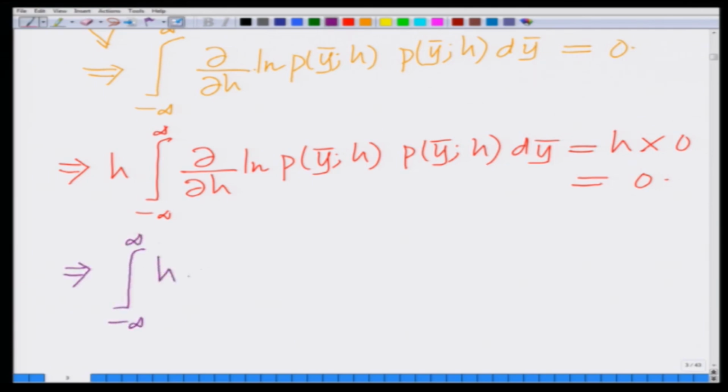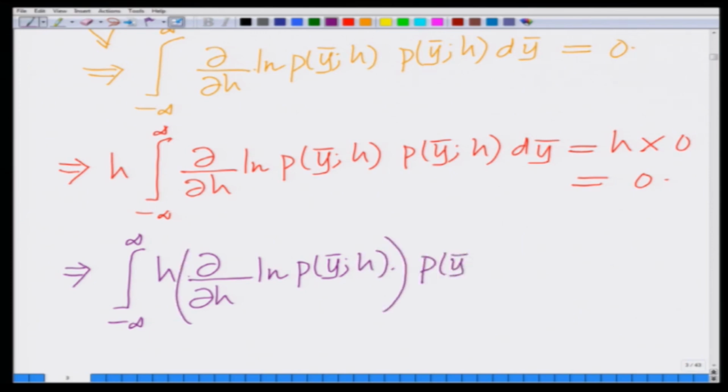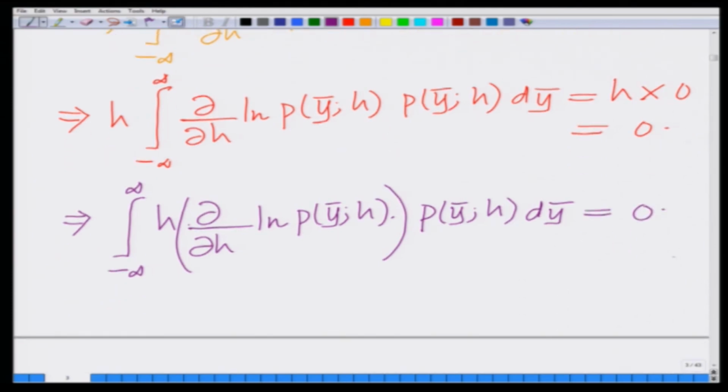So, I can move h inside the integral: dou by dou h of the logarithm of p y bar h times p y bar h dy bar equal to 0, and therefore, let us call this result number 1.